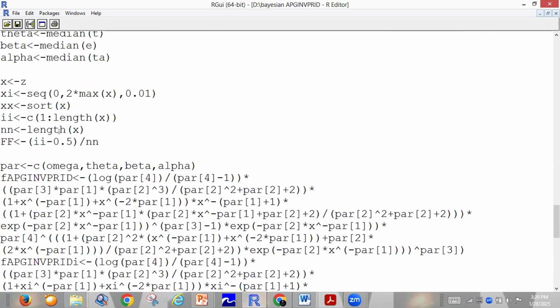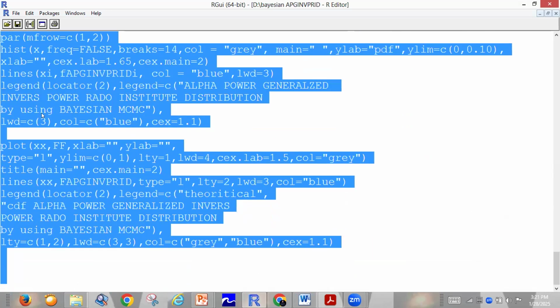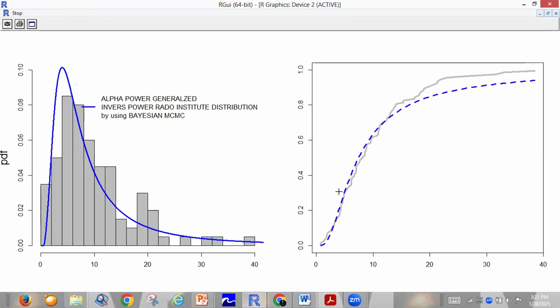So we run our coding program, and then we check the density plot like this one and the cumulative plot. Based on these two plots, we can see we have good parameters by using the Bayesian MCMC. The blue line in the PDF plot, the density plot, is a nice density curve capturing the histogram data.